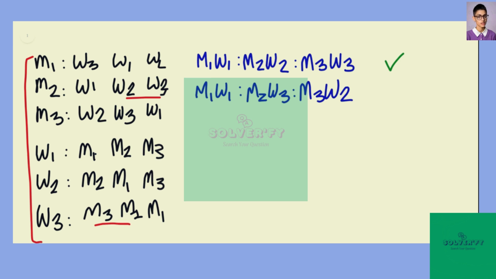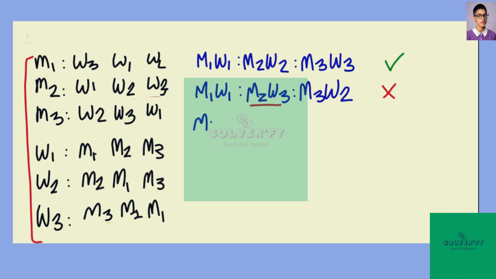So this pair in the center, both partners would benefit by switching with the other pair. And so this is actually an unstable match.